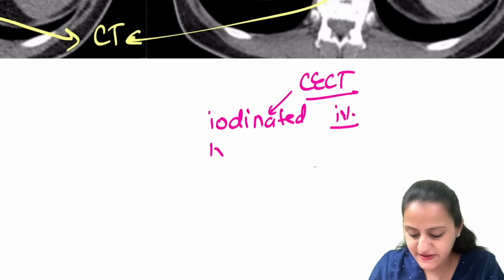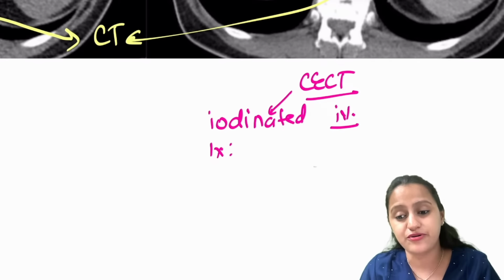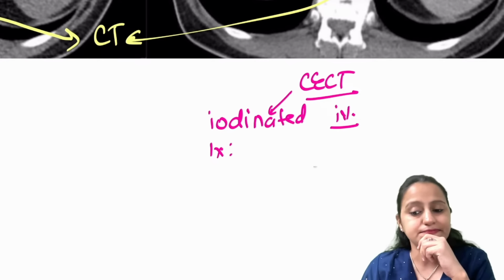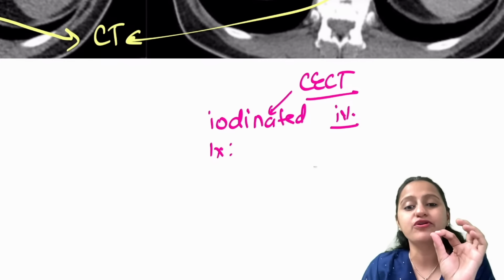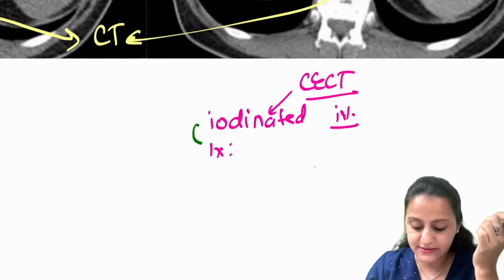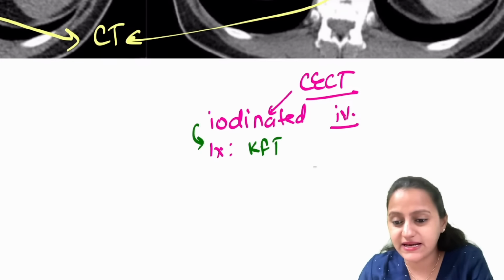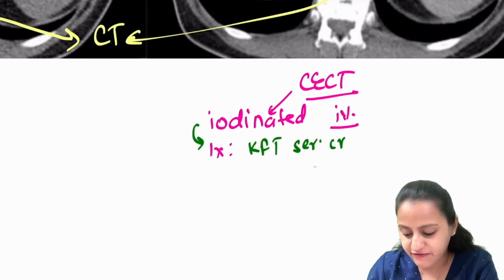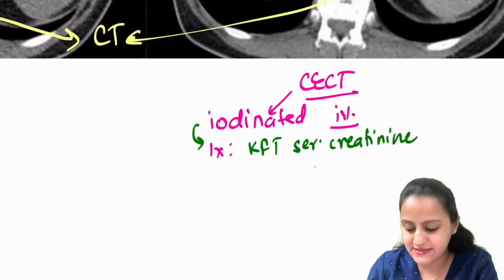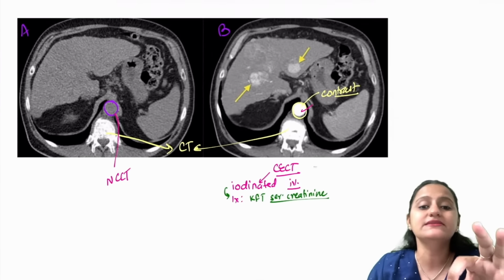Tell me what investigation should you do before giving IV contrast in a patient where you are doing contrast CT? What investigation is a must before giving iodinated contrast? KFT. Absolutely right. That means you need to check serum creatinine. You cannot give contrast without checking serum creatinine in a patient.